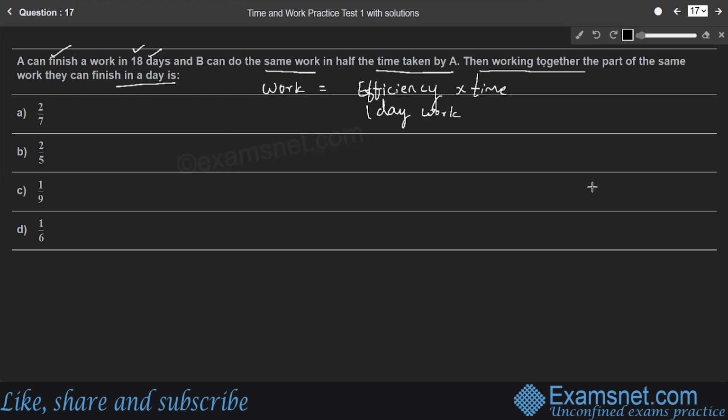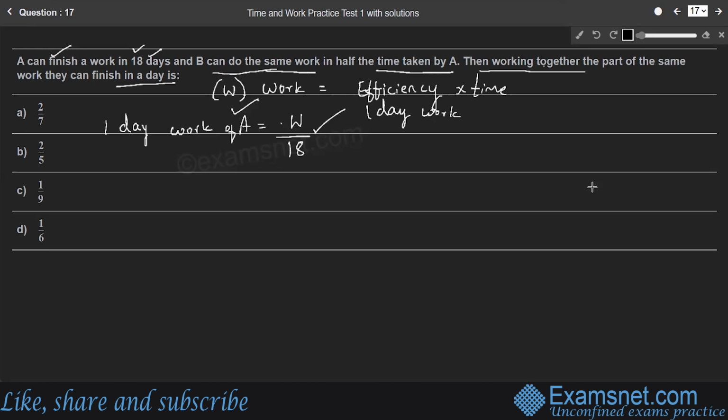A can finish a work in 18 days, so we'll consider 1 day work of A. If you take W as the total work, A can finish W by 18 amount of work in a day. W by 18 means 1 by 18th of total work he can finish in a day.